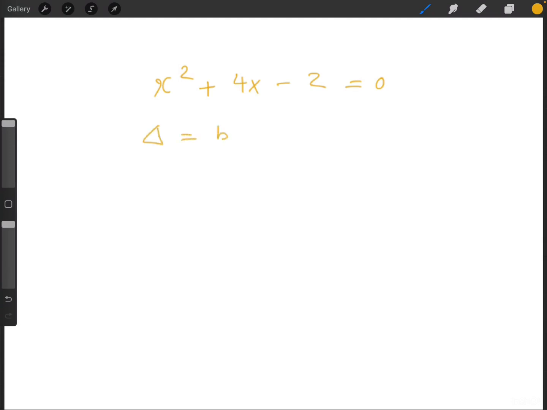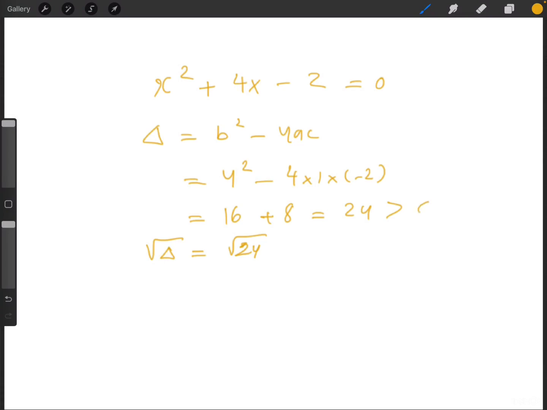Delta equals b squared minus 4ac, which equals 4 squared minus 4 times 1 times negative 2, which equals 16 plus 8, which equals 24. So the square root of delta equals the square root of 24. By the way, 24 is greater than 0, so the quadratic equation has two solutions.